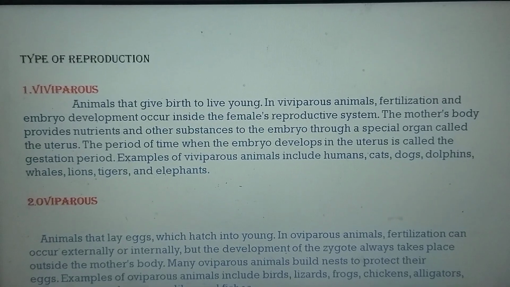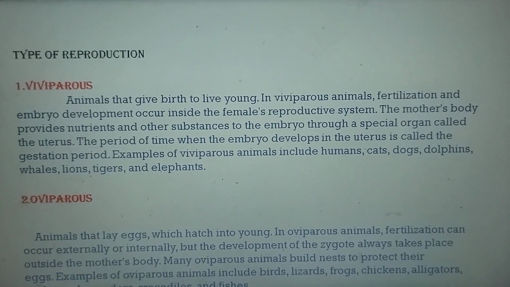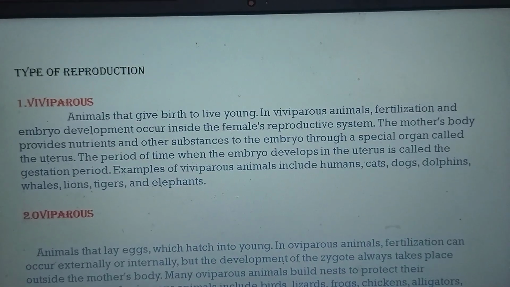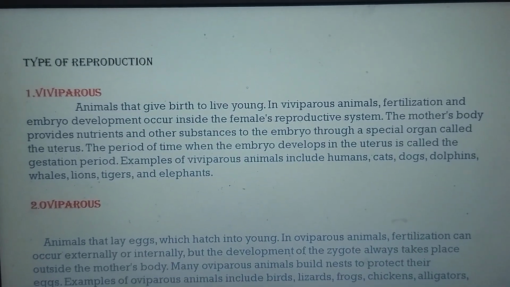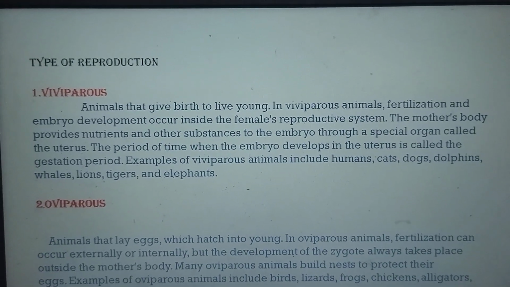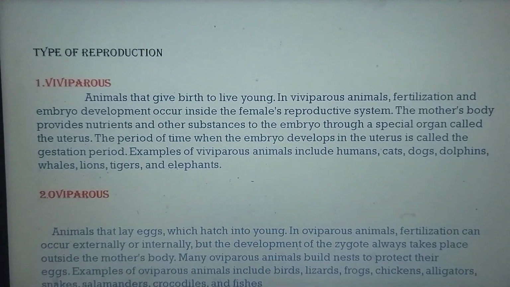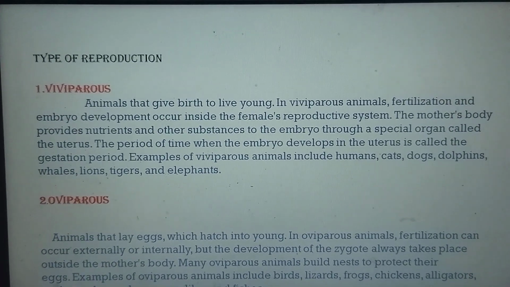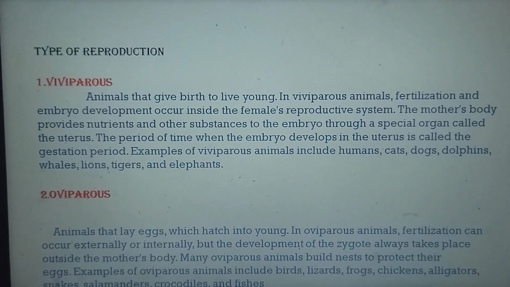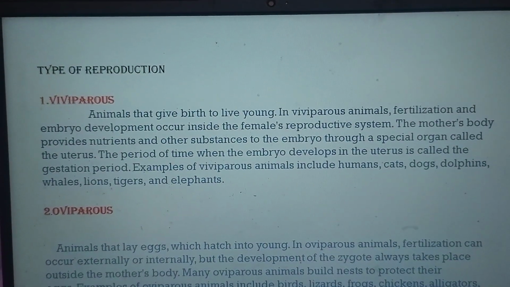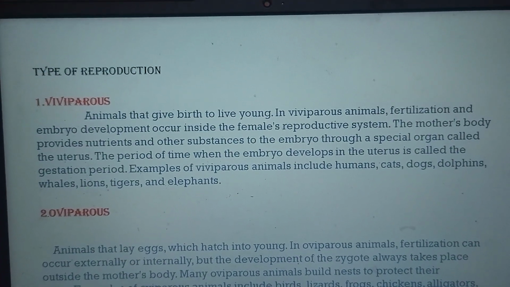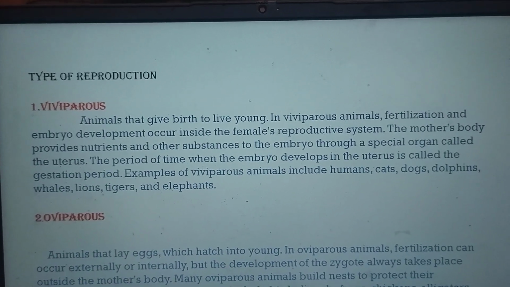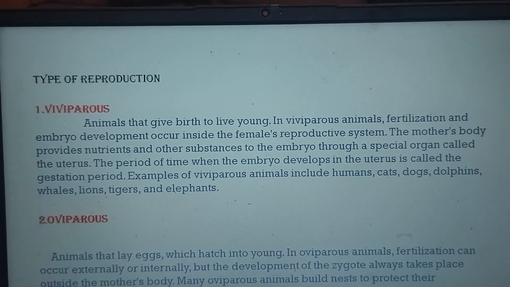In viviparous animals, fertilization and embryo development occur inside the female reproductive system. Embryo development, meaning the development of the baby, takes place only in the female reproductive system, whereas the mother's body provides nutrients and other substances to the embryo through a special organ called the uterus. The period when the embryo develops in the uterus is called the gestation period.